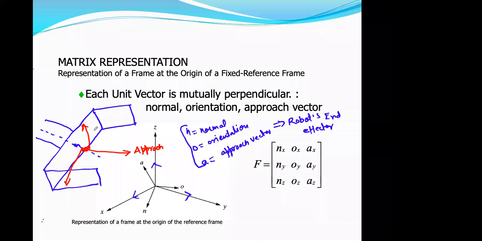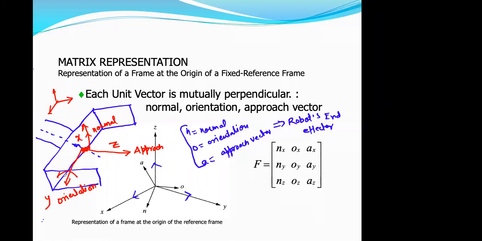This part will be called normal, and this will be called orientation. When the robot has three-dimensional motions, this vector will be in the z direction, approach. The normal will always be in the x direction and orientation in the y direction.